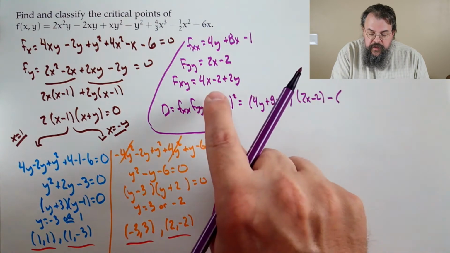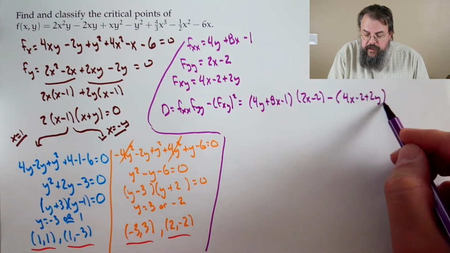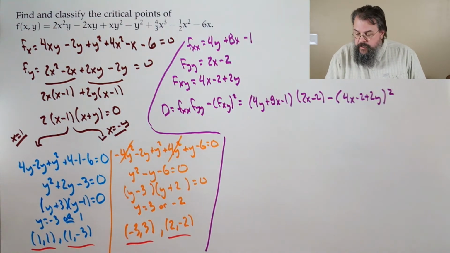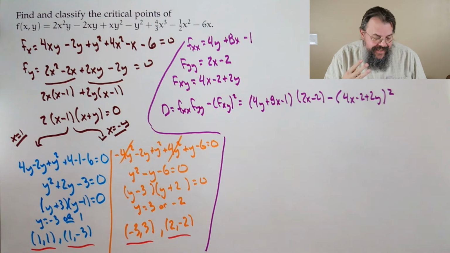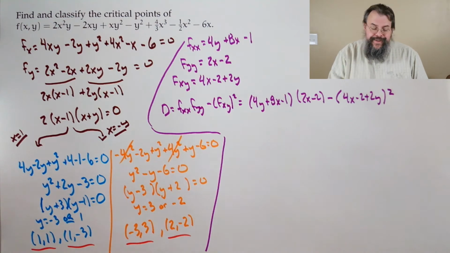Subtract this last piece. 4x minus 2 plus 2y squared. All right, well, 4 points to check, and just be patient. And if we can do that, we're great.